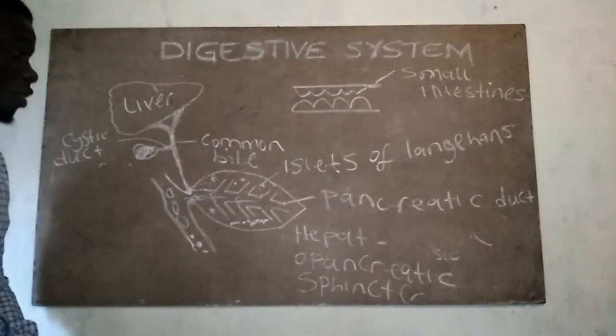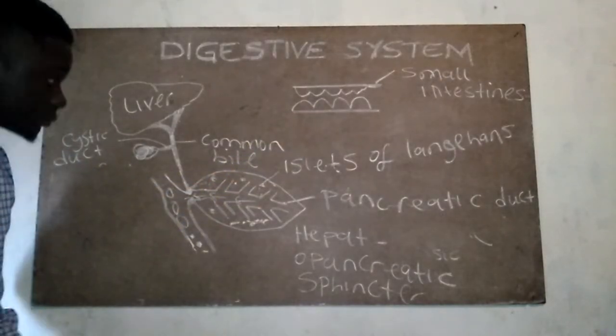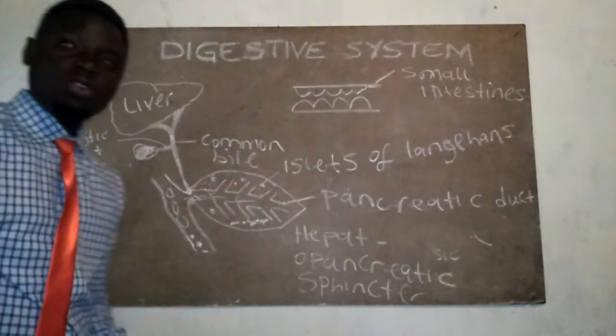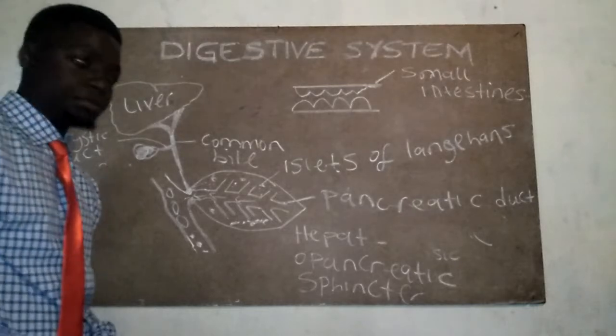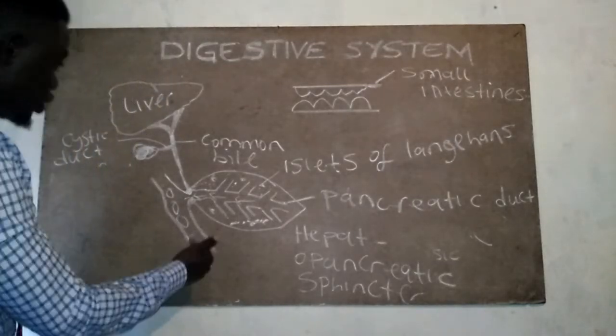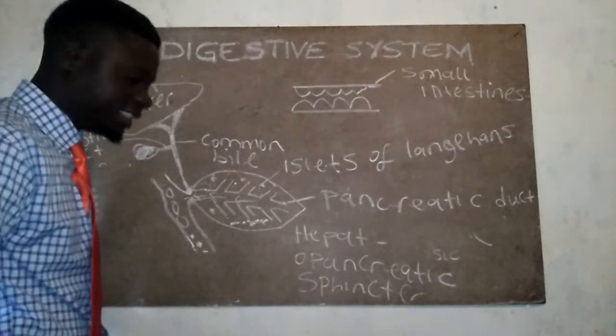And these are what we call the villi. This is where most of the absorption is going to take place when it comes to this process of digestion. So this is how the process is coordinated.